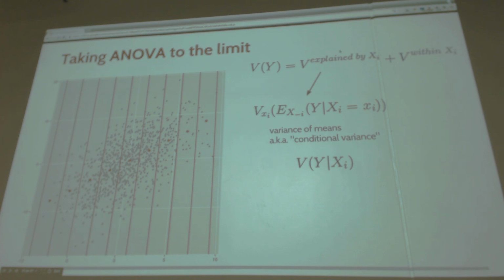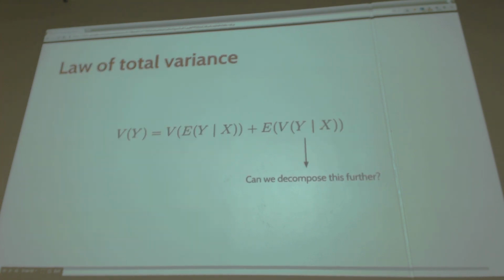And the variance explained by a factor is given by taking the variance of that function. So the law of total variance says that the variance of y, for any particular parameter x, can be given by the variance of the conditional expectation of y given x, which is the variance explained by x, plus the expected conditional variance, which is the variance not explained by x.